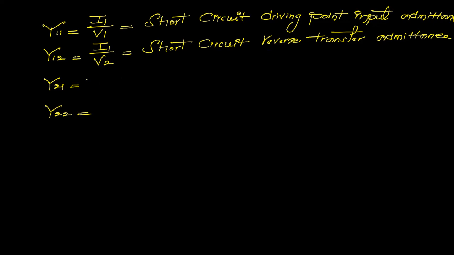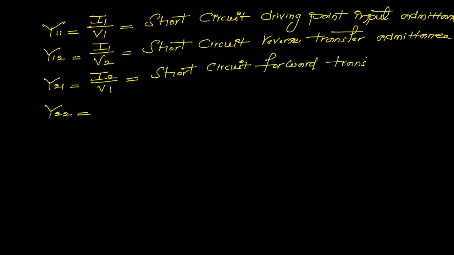Now coming to Y21. Y21 is I2 divided by V1, and we are calling this one the short circuit forward transfer admittance. So, forward transfer admittance.